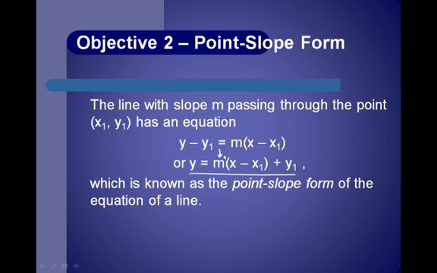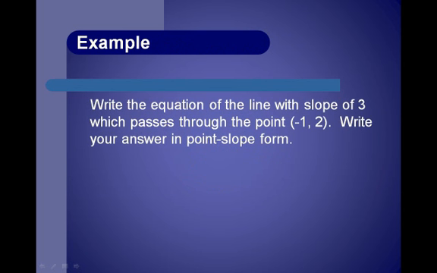Remember, they'll probably give you the slope and they will give you the ordered pair x1, y1. This is known as the point-slope form of a line because you use it when you know a point and a slope. So our first example of this.